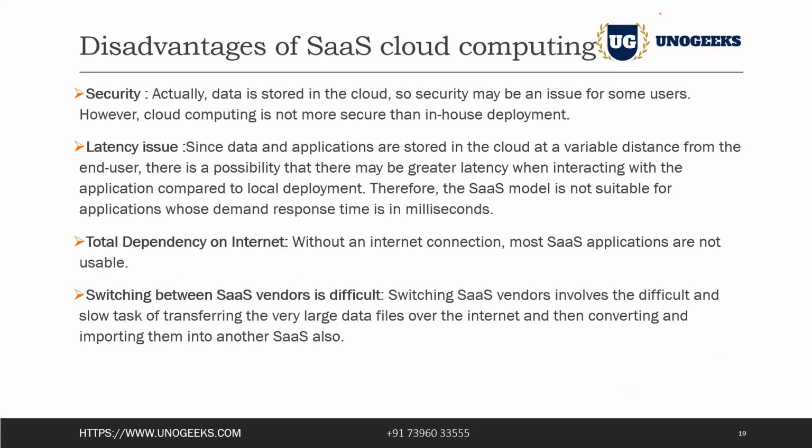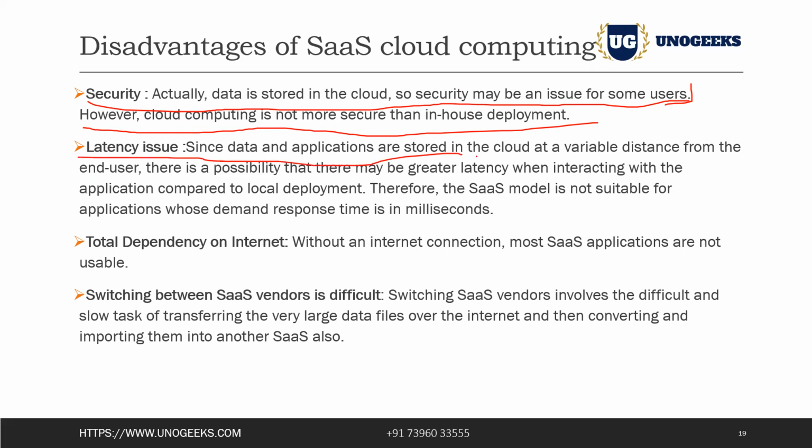Some of the disadvantages are there, like security. If everything is managed and maintained by the organization itself, but when sharing the user resources, you have to take care which user you are sharing all the details with. Access control management will be there at the organization level only, and latency issues while accessing the data.